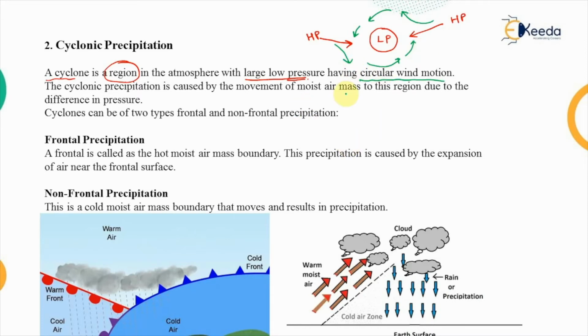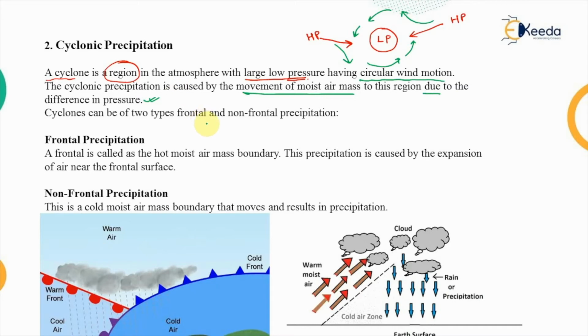Because of this circular wind motion, the air mass will be lifted up, and the movement of the moist air mass happens because of the difference in pressure. When it reaches a sufficient height, it falls down in the form of different precipitations. That is known as cyclonic precipitation.